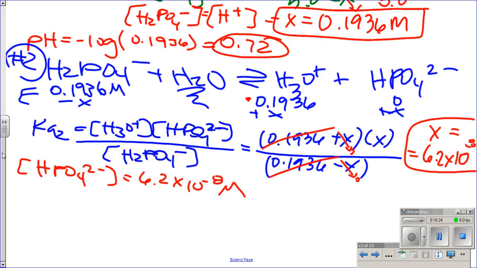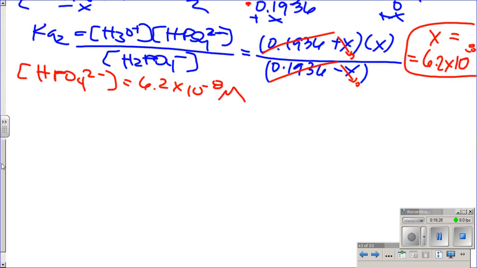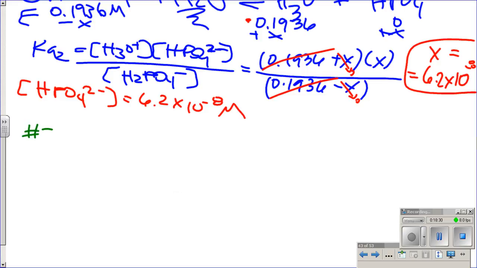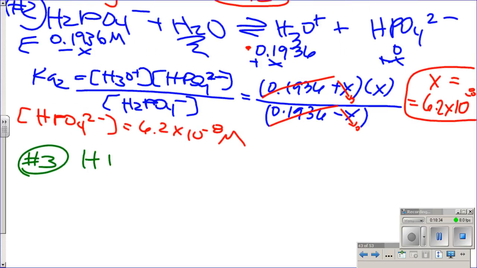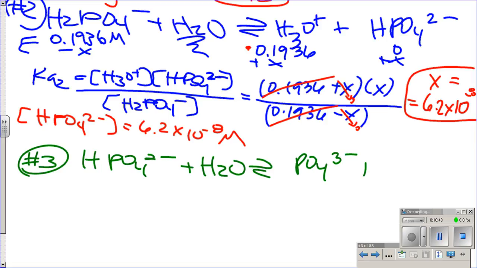Let's do our third and final deprotonation. We're going to take HPO4 2 minus plus H2O, which equilibrates to phosphate and hydronium.